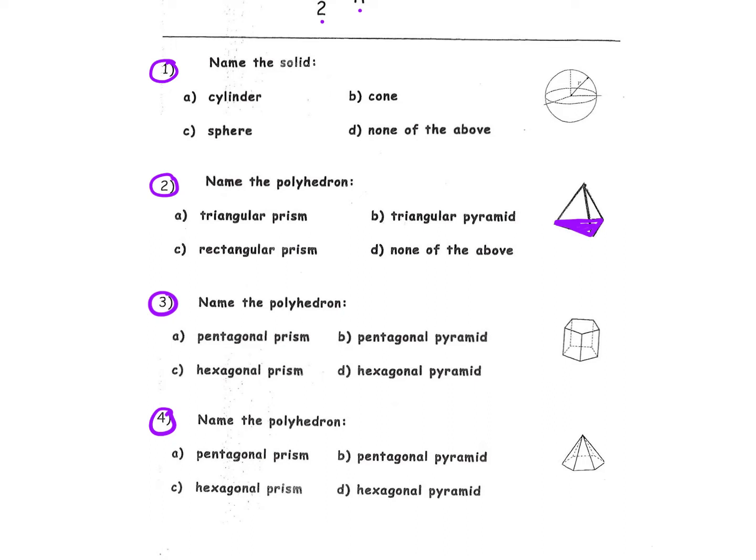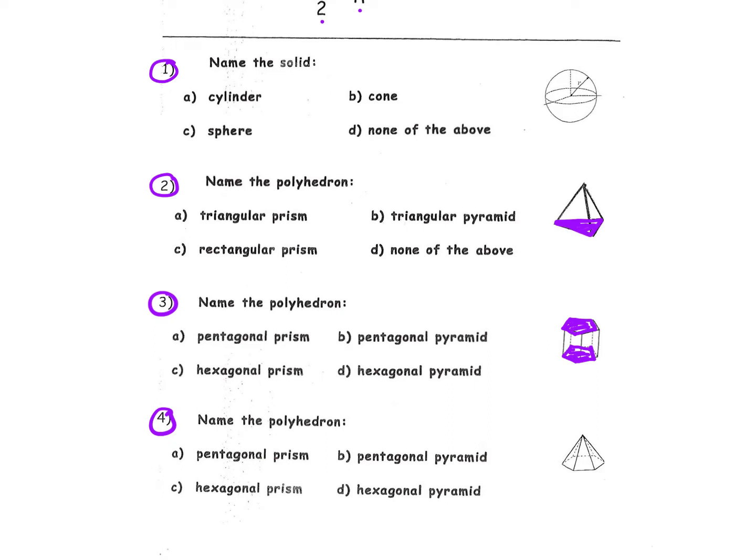And for number 3, as you look at the base face, you see it has 5 sides. It's a pentagon on the bottom and a pentagon on top. Since it has 2 bases, it's a prism. So the answer is A, pentagonal prism. Give yourself a C if you got that correct.